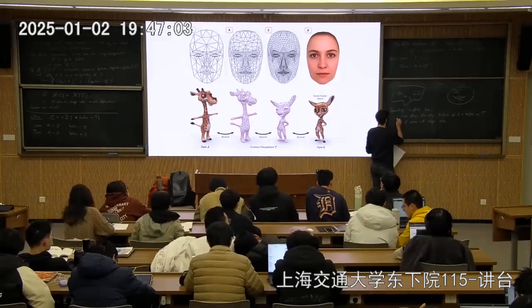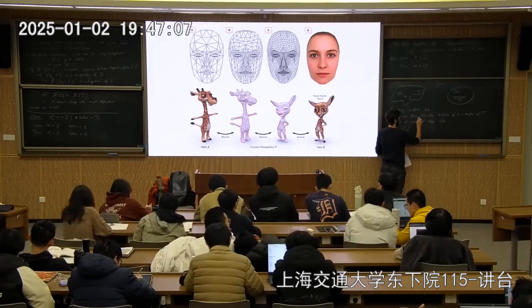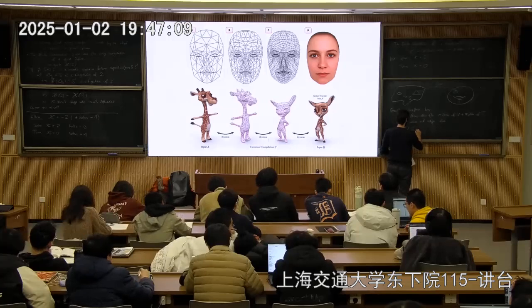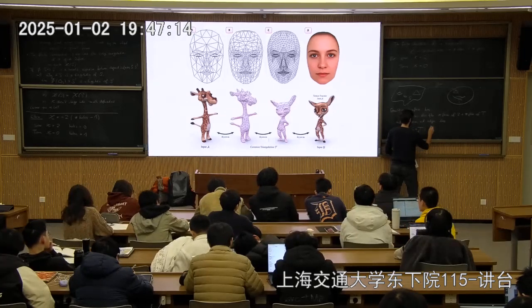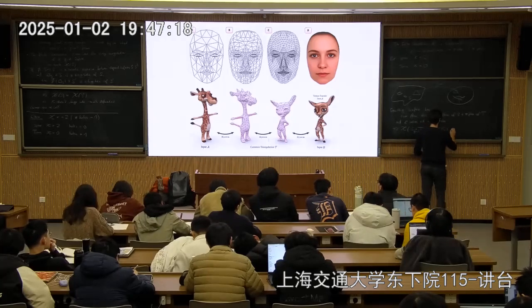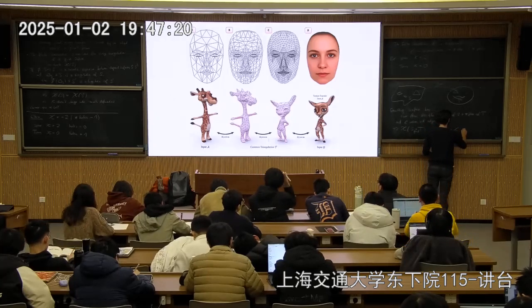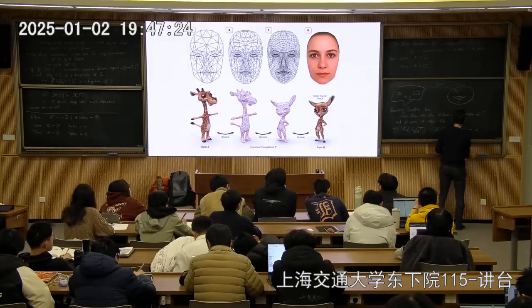So the effect in total is that the Euler characteristic of S glued with T is equal to the Euler characteristic of S plus the Euler characteristic of T minus the two faces that we lost.